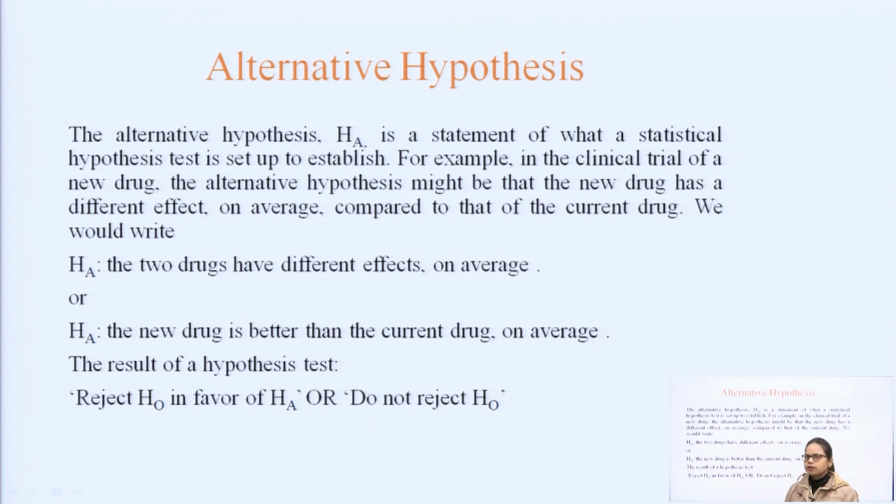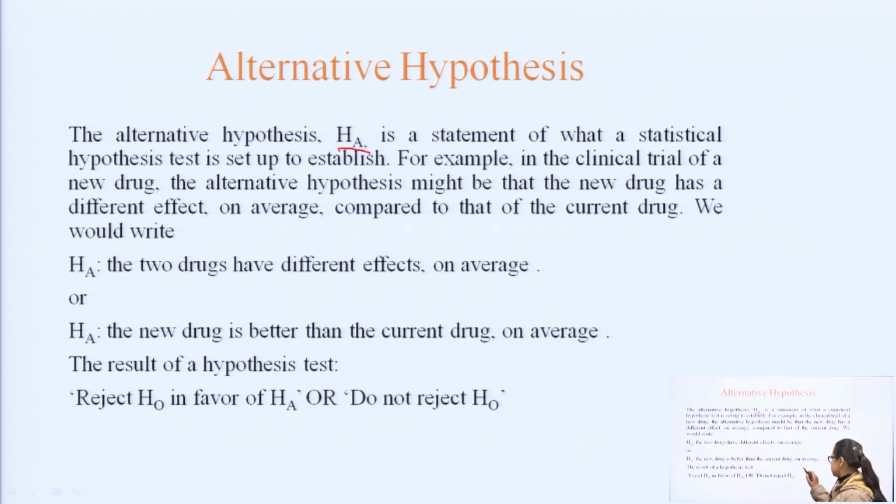Next is, what is the alternative hypothesis? Denoted by HA. It is also a statement of what a statistical hypothesis test is set up to establish. For example, in the clinical trial of a new drug, the alternative hypothesis might be that the new drug has a different effect on average compared to that of the current drug.